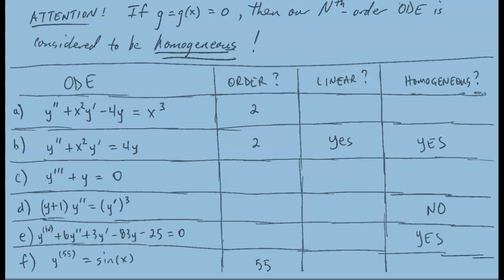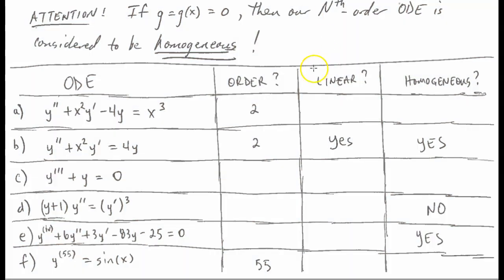So this would be considered to be a linear ODE. Okay. Now, is it homogeneous? Again, if it's homogeneous, then that means that the right-hand side of that equation there is going to equal 0. And since we don't see that here, it would not be homogeneous.